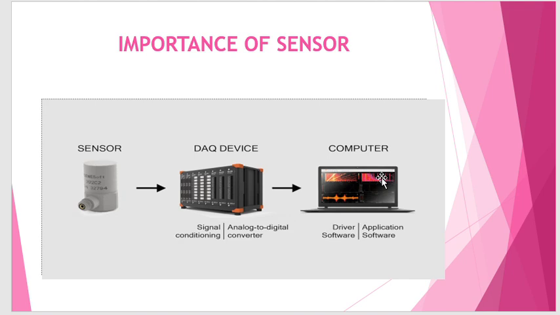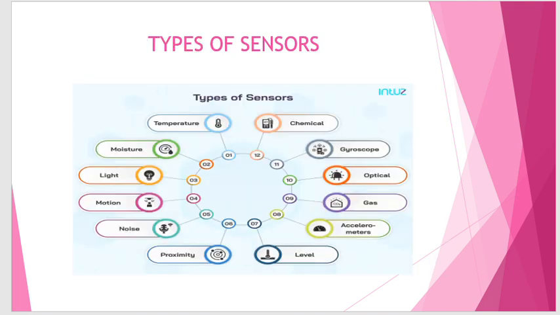There will be a hot junction as well as a cold junction, and the difference between the hot and cold junction produces voltage. Then the thermistor is based on a positive or negative temperature coefficient of resistance. So a thermistor can be used in an air conditioning system. So this sensor is helpful for measuring temperature.